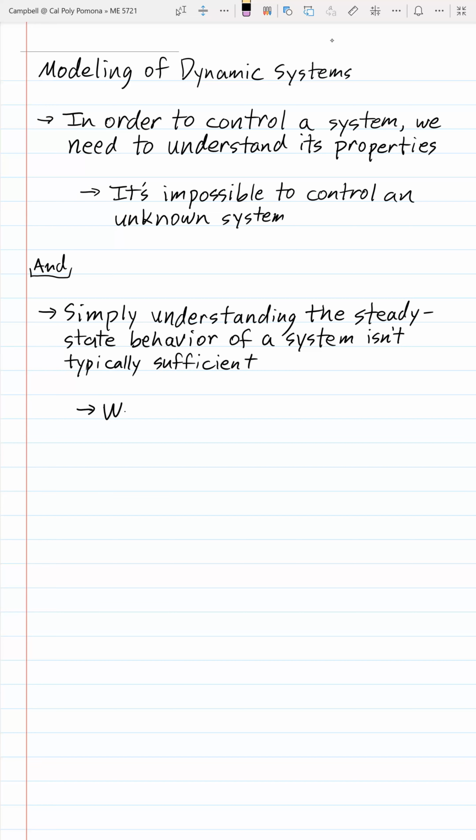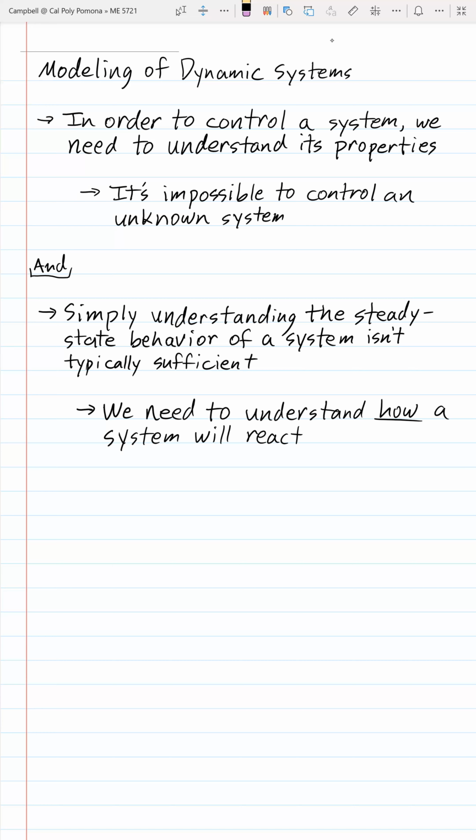So for us, of course, when we're looking at the controls or controlling a system, we clearly need to understand how a system will react as it progresses to steady state, if it ever gets there at all.